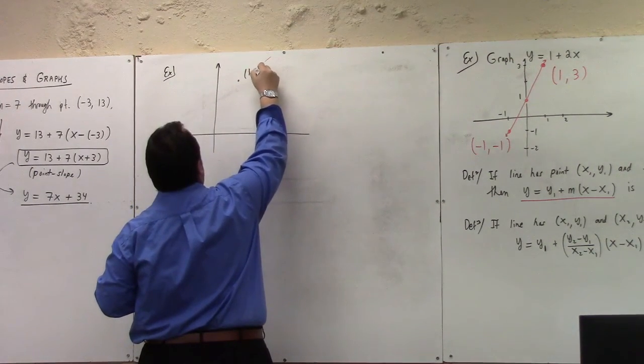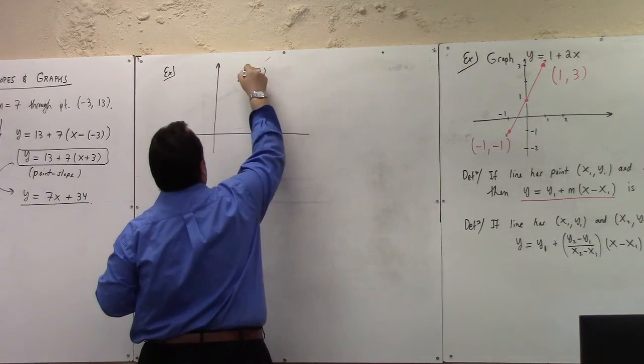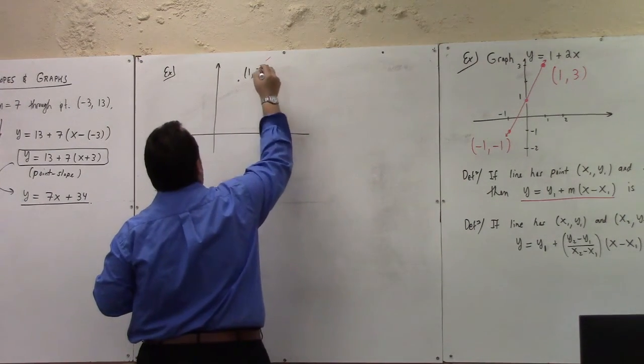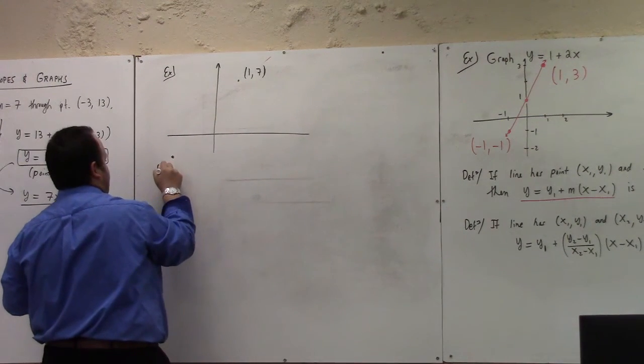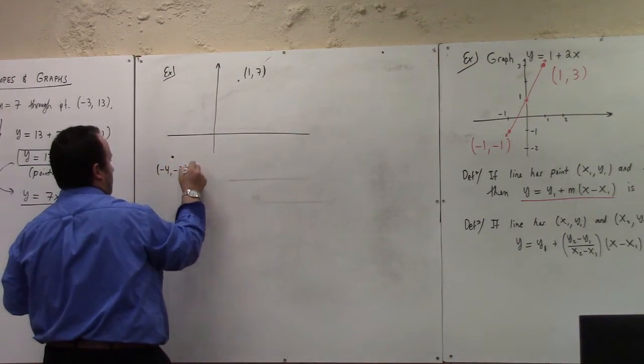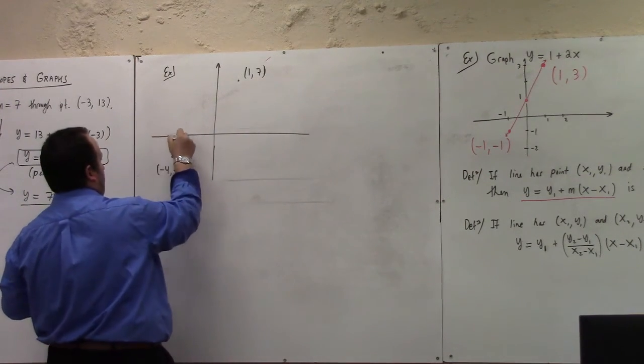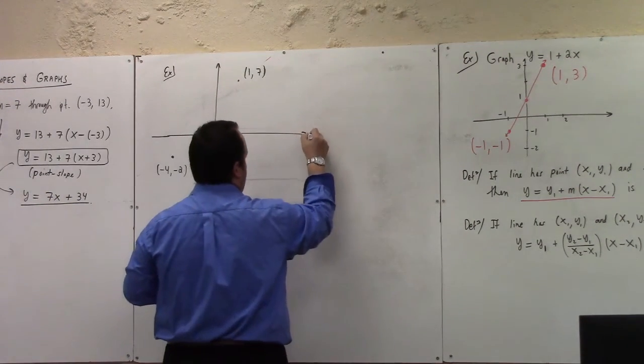So this is 1 comma 7. And put the other point down here somewhere. Let's say negative 4 comma negative 2. I want to find the equation of the line through those 2 points.